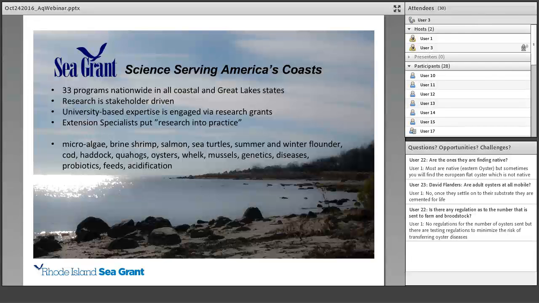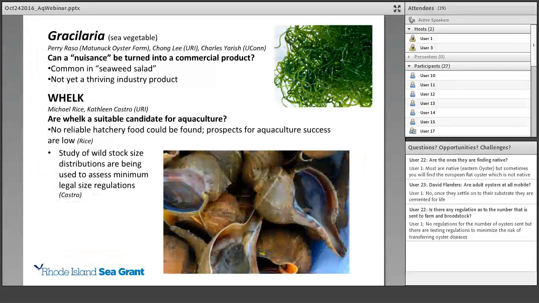Also, quite a bit of work looking at summer and winter flounder from an aquaculture perspective, a little bit with cod, haddock, and then, of course, much more when we get into the shellfish area around quahogs, oysters in particular, a little bit about scallops, and now in more contemporary time, looking a lot more at mussels, diseases, some genetics, and those aspects.